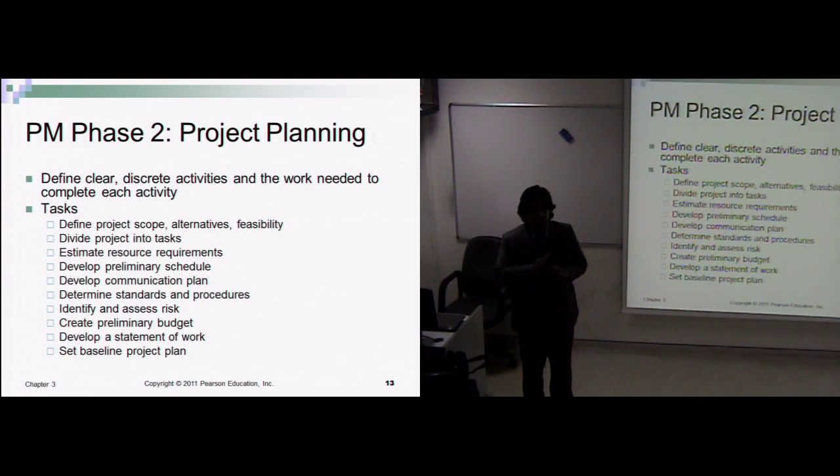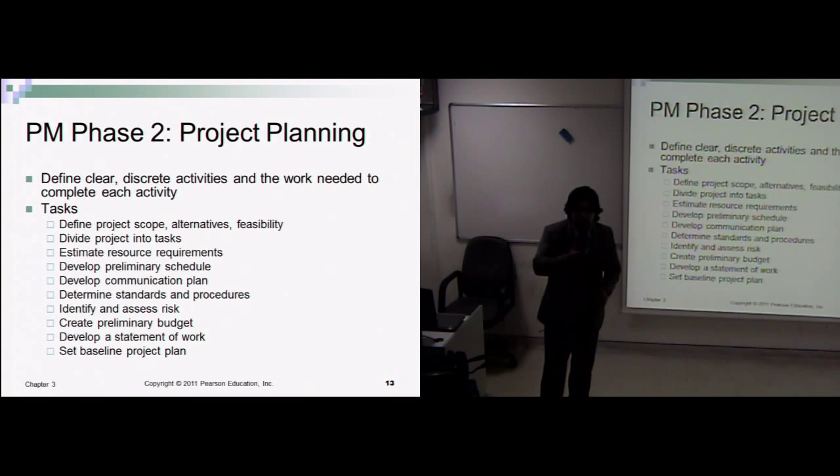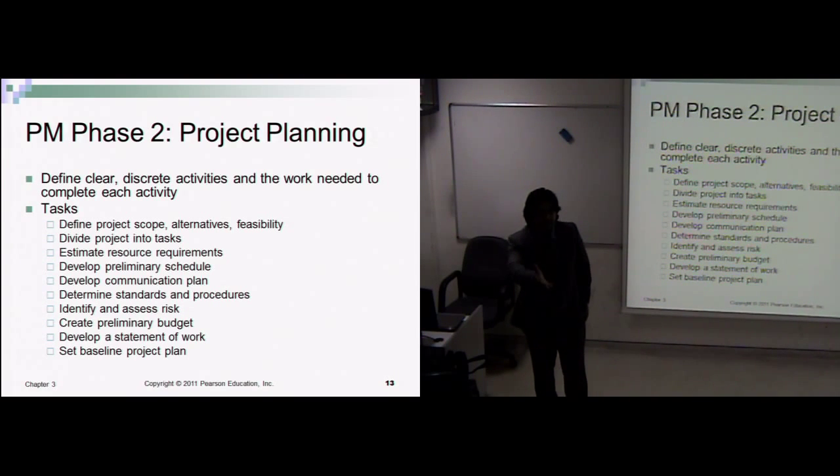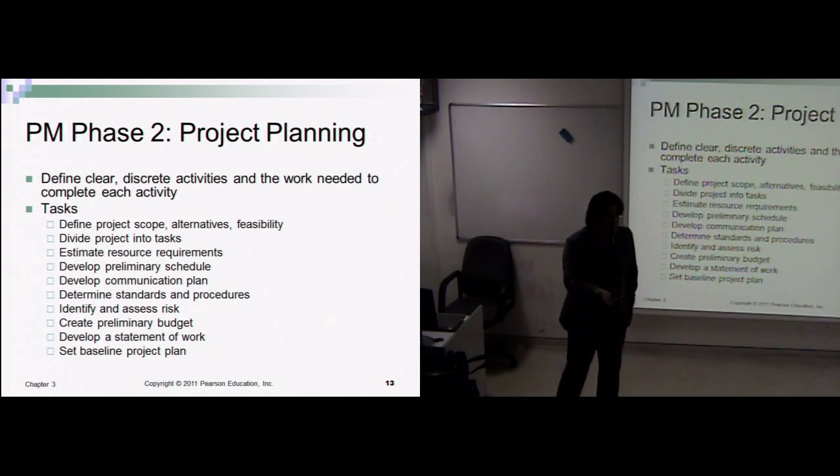Clear means in the planning, when we define tasks or activities, there should be no confusion. For example, one guy involved in a project says, this is not my responsibility. The other guy says, this is also not my responsibility.